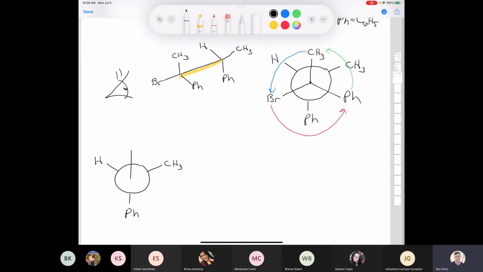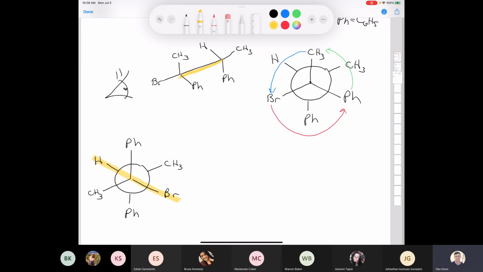But now I've got my bromine anti-periplanar to my hydrogen. I've got my phenyl up here and my methyl group down here like this. So now you see that the hydrogen and the bromine are anti-periplanar to each other.